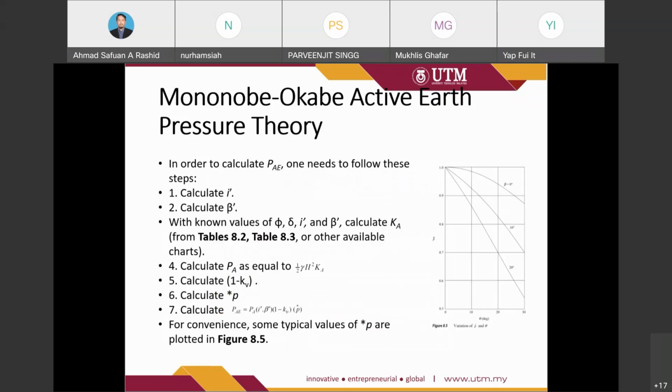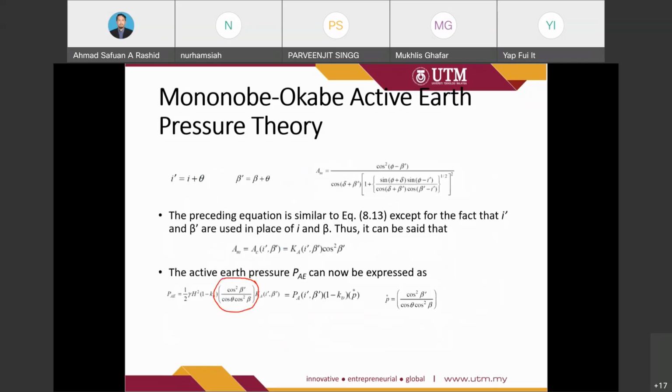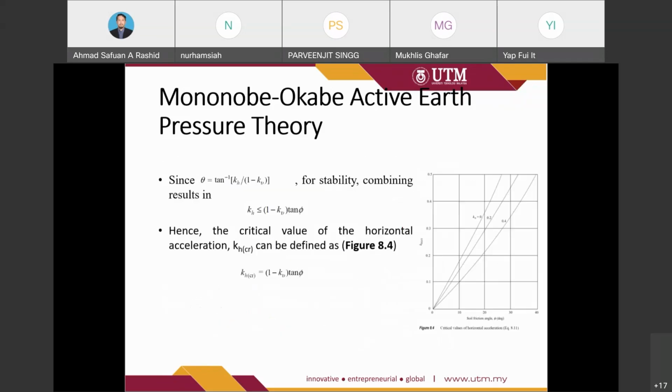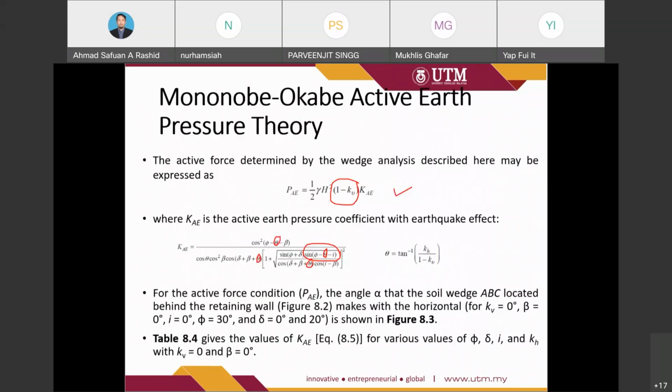For the first one, we should calculate I prime, and before that, we should determine theta. For theta we still use this formula.